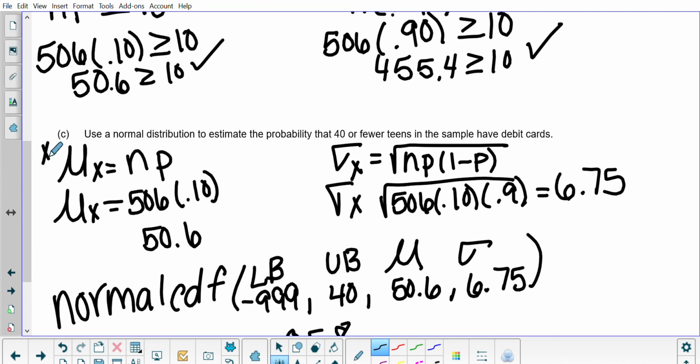These are your mean and standard deviation, and this only works if I have a binomial distribution. If I don't have a binomial distribution, I can't find mean and standard deviation this way.